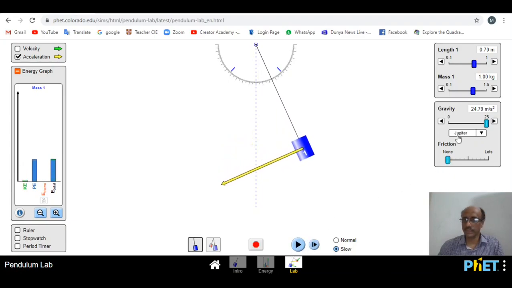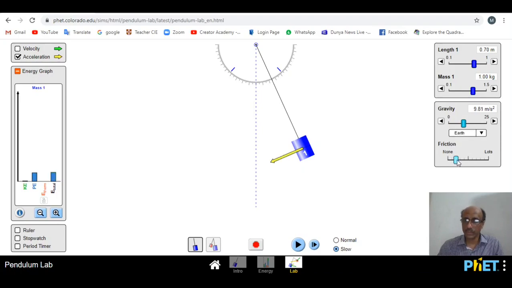If you reduce this, the acceleration will also reduce. So the acceleration of simple harmonic motion in a simple pendulum depends on gravity. Then we return to the surface of the Earth.